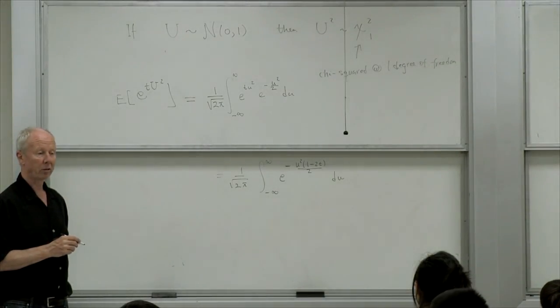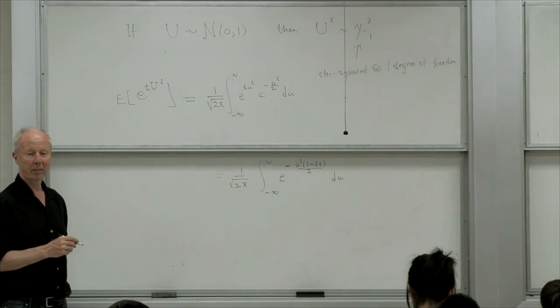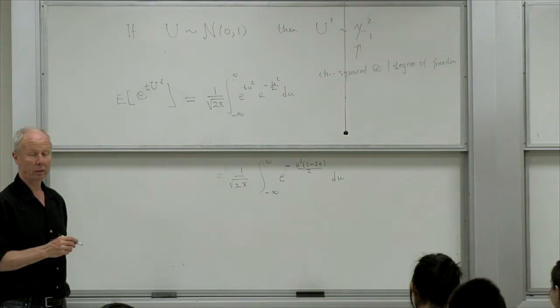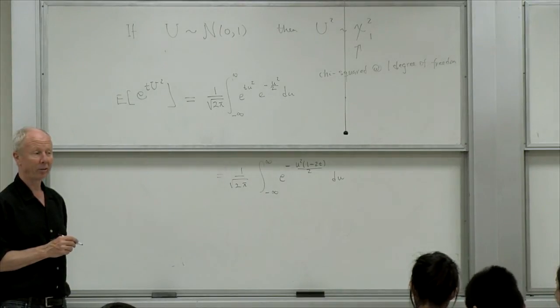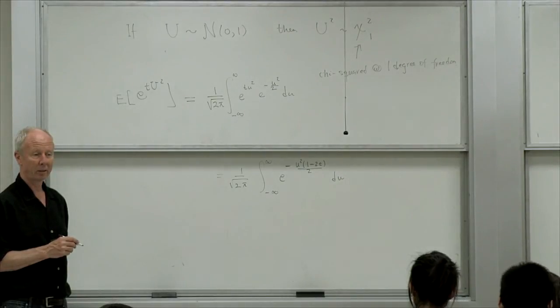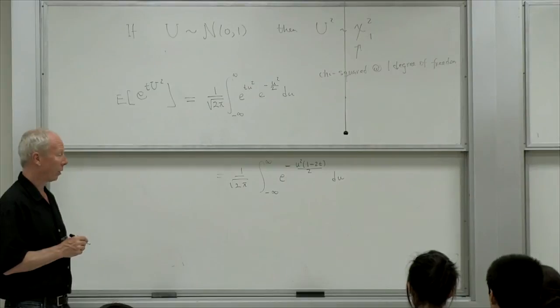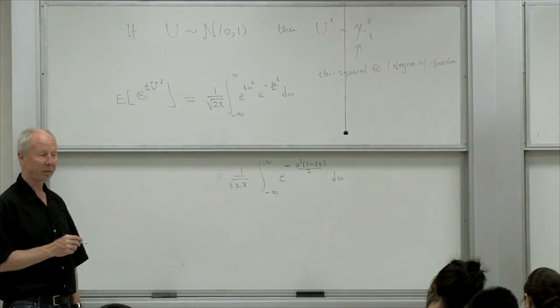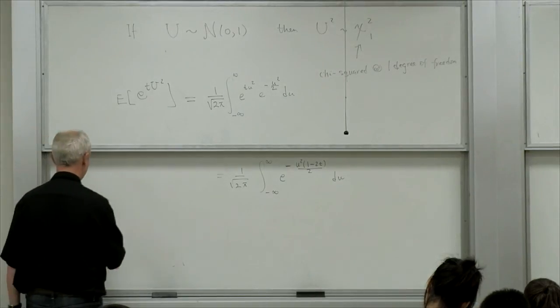And how do you do this integral? Well, what does it look like? Have you seen integrals that vaguely resemble this? Well, what kind of density does it look like, for what kind of random variable? Looks like a normal. What does a normal density look like?